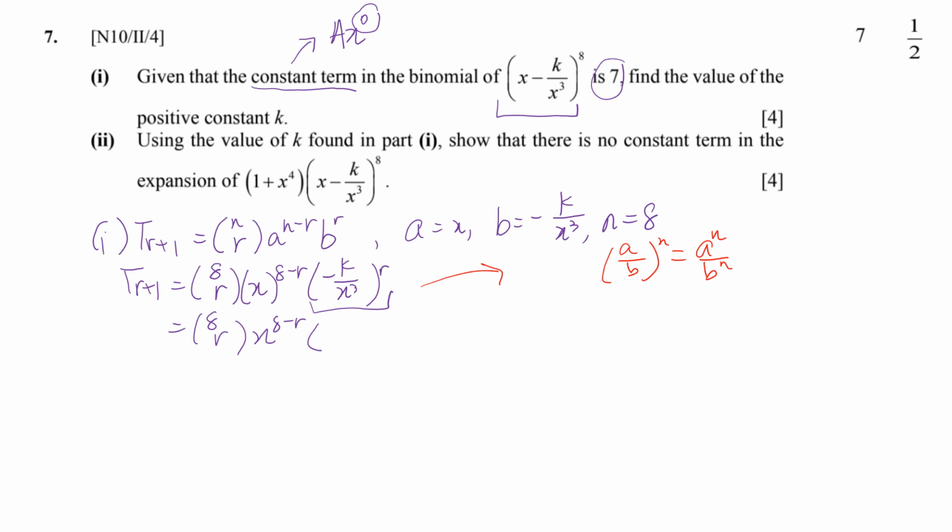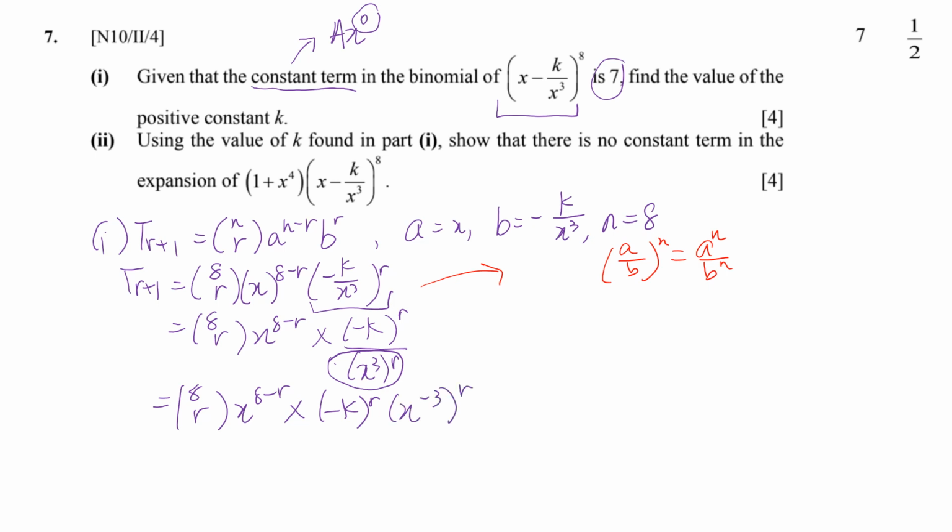So tag your negative with your k, so it will be just times bracket negative k to the power r over bracket x cubed to the power r. Okay, remember, tag the negative with your constants, do not tag it with your x term. Okay, so let's continue. So this one you can actually write as x to the power negative 3. Okay, because let me simplify it here for you.